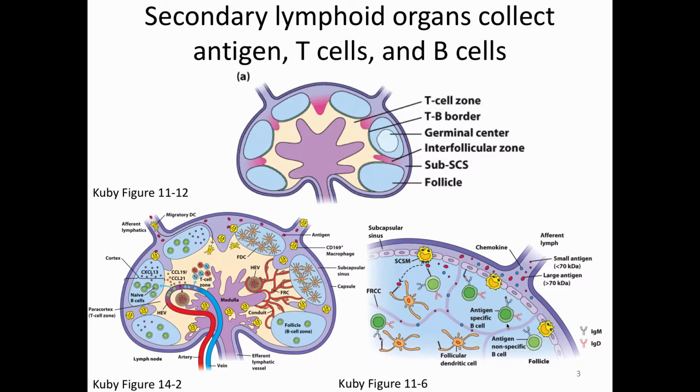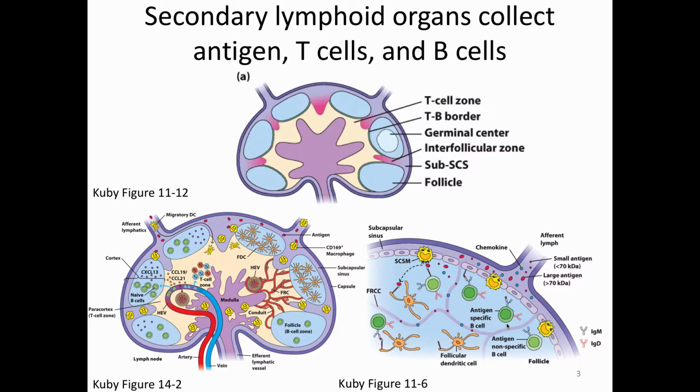In order to actually make a B cell response, we need to have a few different components in our secondary lymphoid organ. We need to have antigen in our secondary lymphoid organ for the B cell to bind and to activate that B cell.